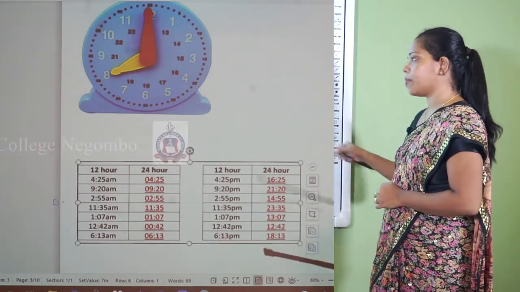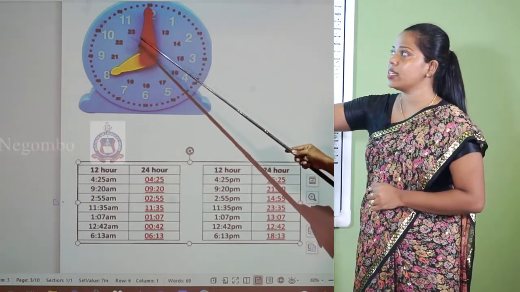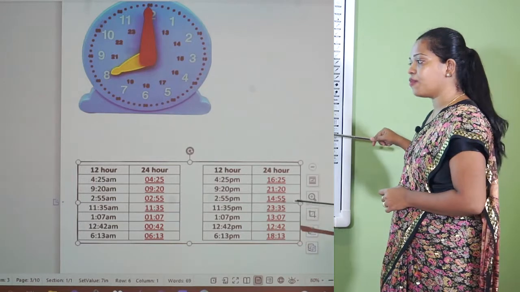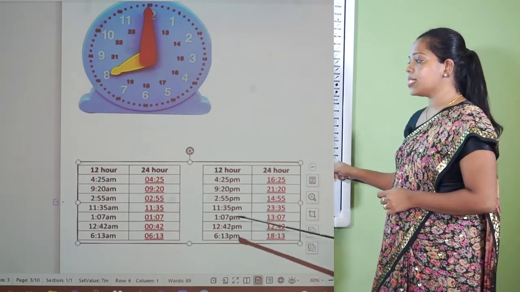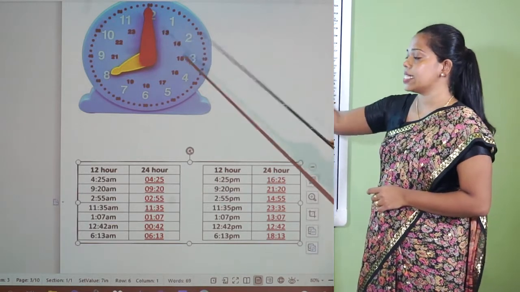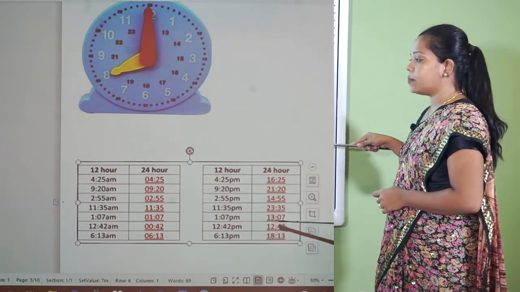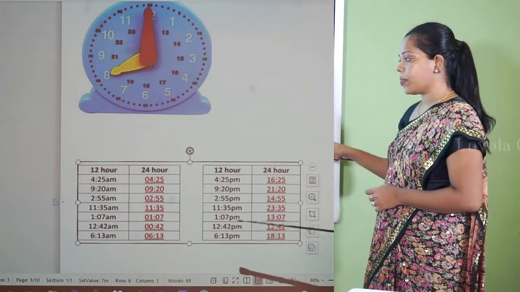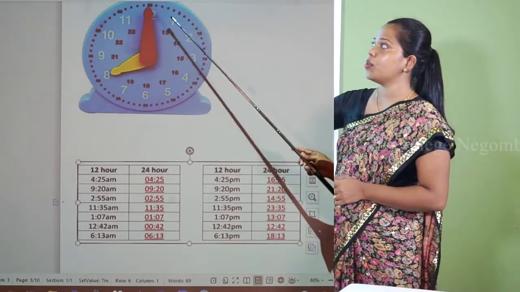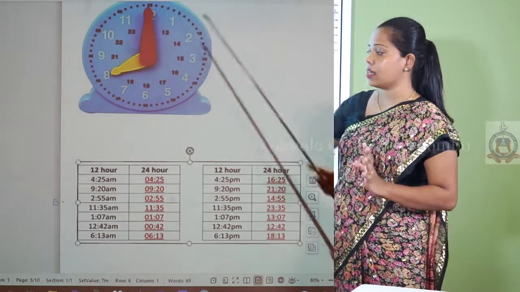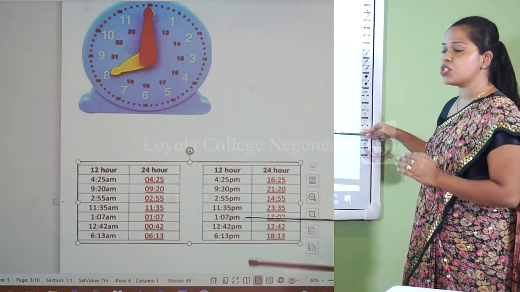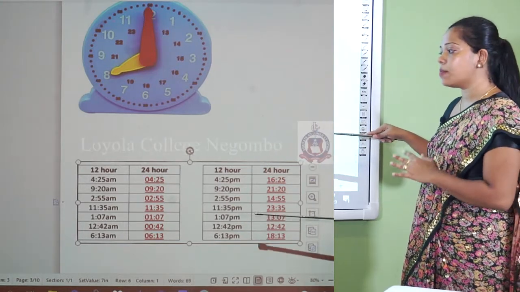11:35 p.m. 11 plus 12, it's 23. 23:35. 1:07 p.m. So 1 plus 12, it's 13. 13:07. 12:42 p.m. Now I told you this is the noon time, afternoon. 12 noon we write as 12:00.